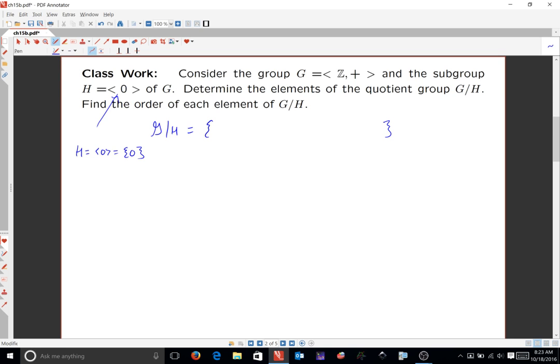List all the elements in G mod H and then give the order of each of them. H is 0. Those are the elements in H, but what is G mod H? Oh, yes. Sorry, I thought you were talking about the H function. I see what you're saying.